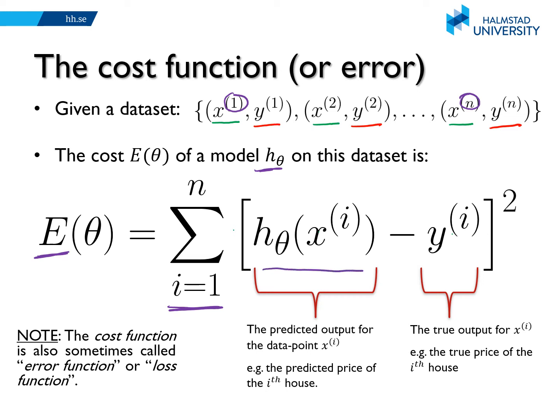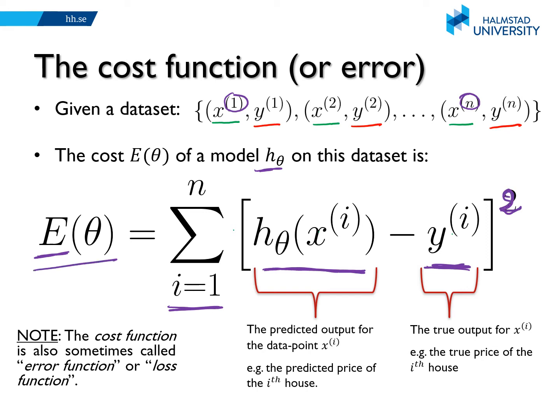This part here is the predicted output of the ith example, for example, the predicted price of the ith house. And this is the true output of the ith example, for example, the actual price of the ith house. So we have the difference between the predicted output and the true output. And since this difference can be negative, it is squared here.